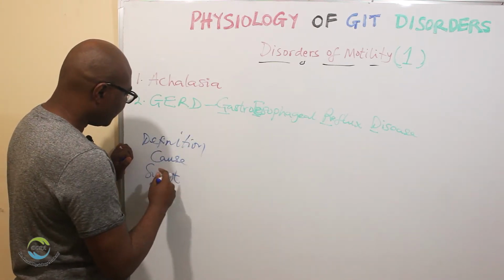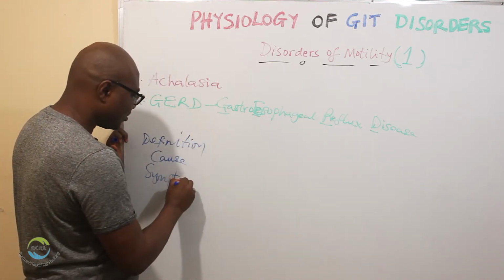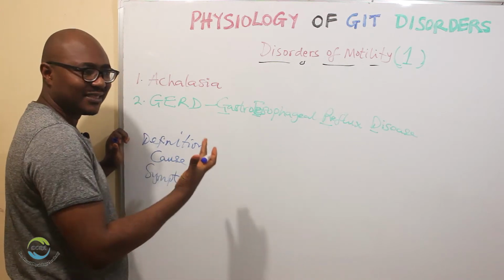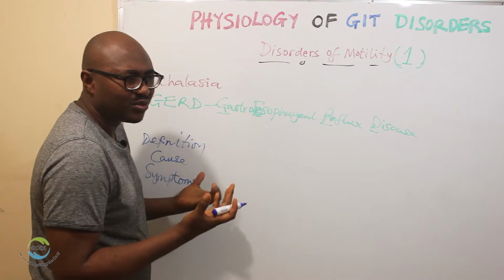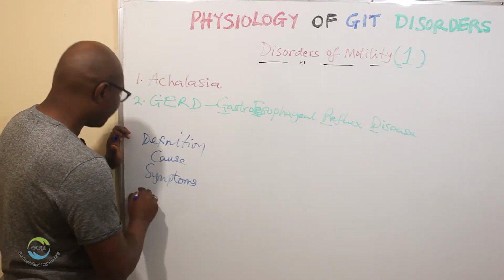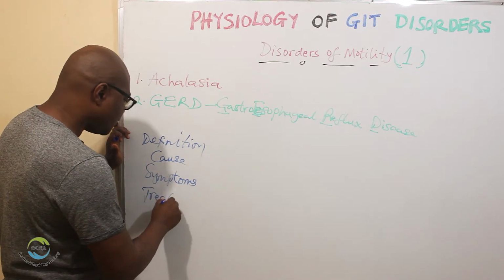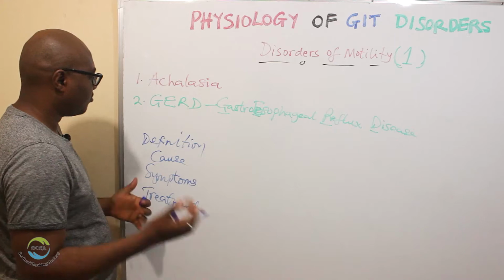This is the problem that is manifesting. That's what symptoms is talking about, the manifestation that you can see, that someone will complain to you, I'm feeling this way. That's symptoms. Then treatment, how can you treat them or manage them? Okay.